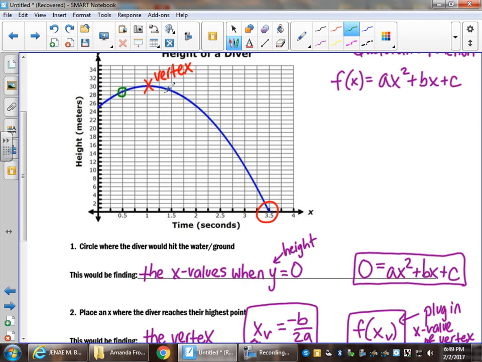But if I keep looking, he's going to hit that height again. Which makes sense, because if the diver reaches that height on the way up, at some point, he's going to start coming back down. So we will end up having 2 answers. Height of 29 meters at 2 times. And again, that's once on the way up, and then what goes up must come down, so again on the way down.